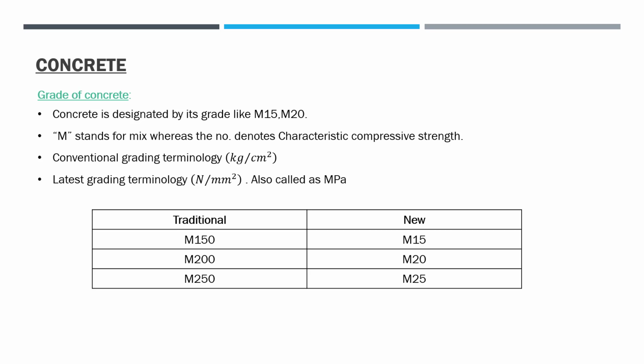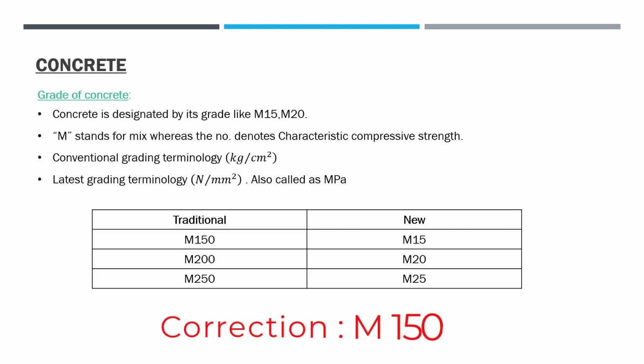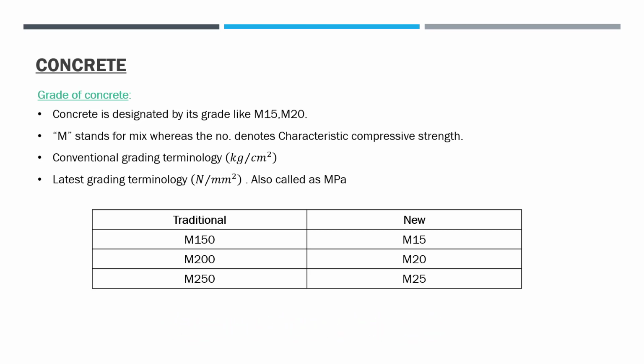If you see somewhere grade written as M50 or something like that, don't misunderstand it to be high strength concrete or a typing error, but actually it will be specified in kg per cm square. You will specifically find these numbers in old edition books.